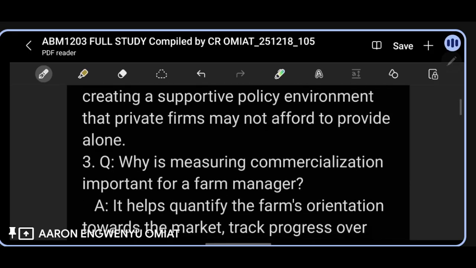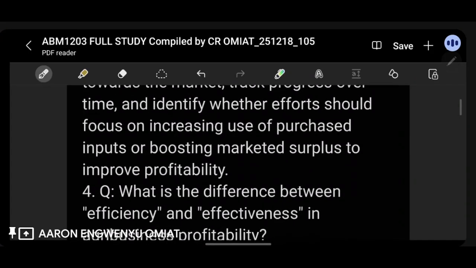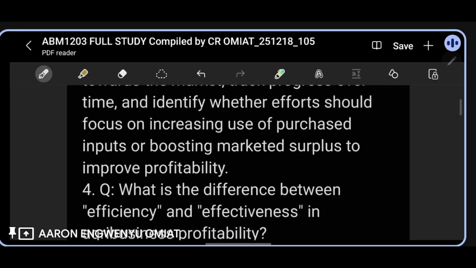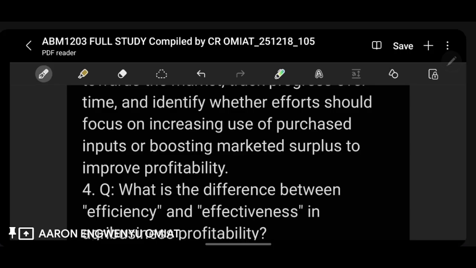Welcome back, Jerin. And the next question is yours. What's the difference between efficiency and effectiveness in agribusiness profitability? Efficiency is the ability to gain maximum output for minimum inputs used, while effectiveness is the ability of something to be productive, to provide you with output no matter the value, the volume.